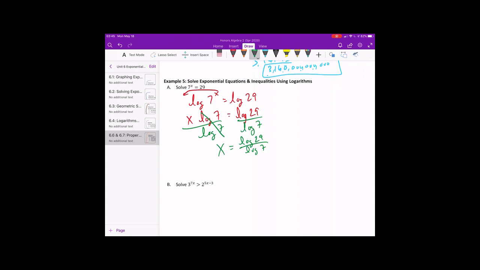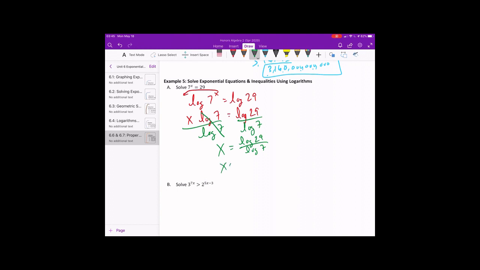Now, knowing that, we can go to our calculator and take log of 29, and we can divide that by log of 7. And we see that it is 1.7304. So x is approximately 1.7304. And so that is one method.